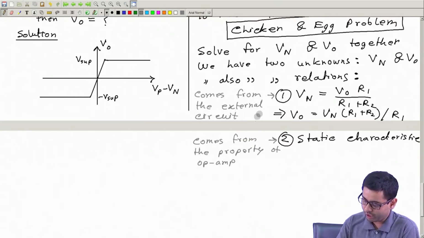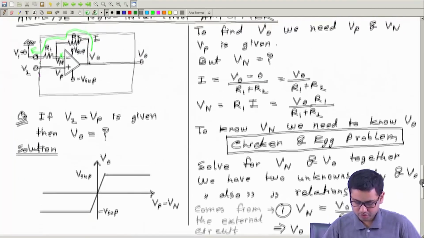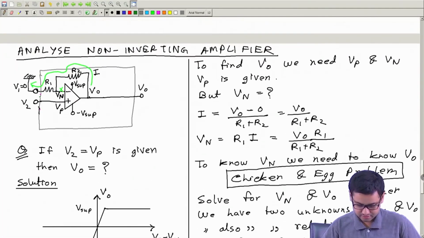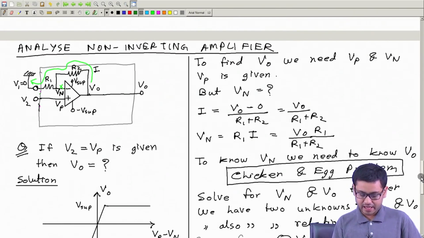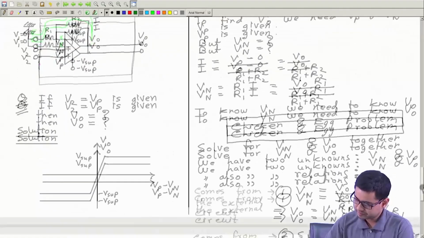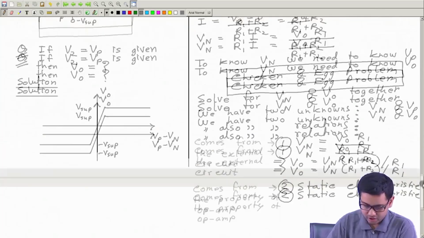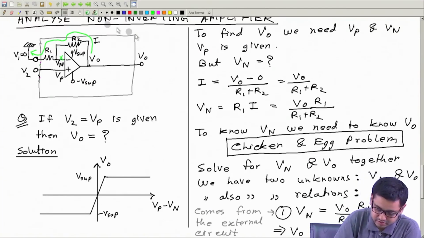So we have two relationships, one from the op amp, one from the external part, and we have to now use them together to find Vn and Vo simultaneously. How? Okay, so here you see that Vp is given. Let me just copy this once again.